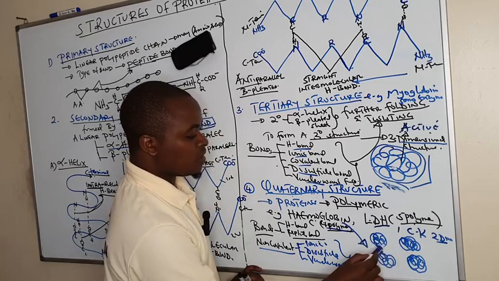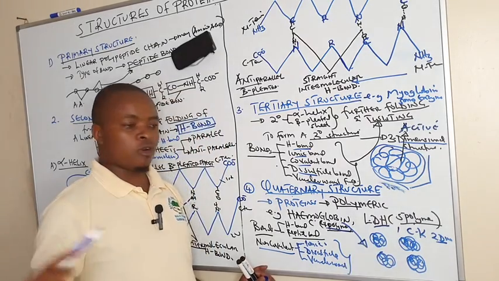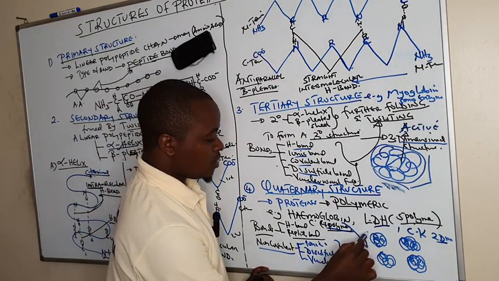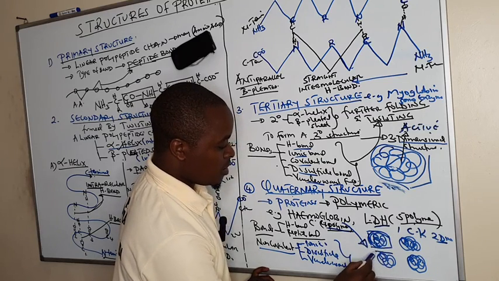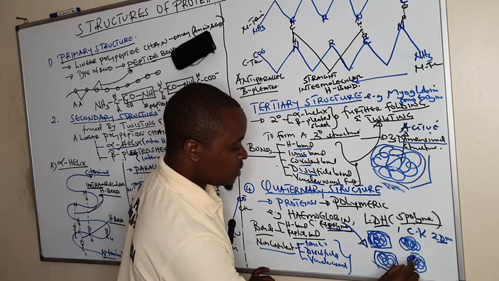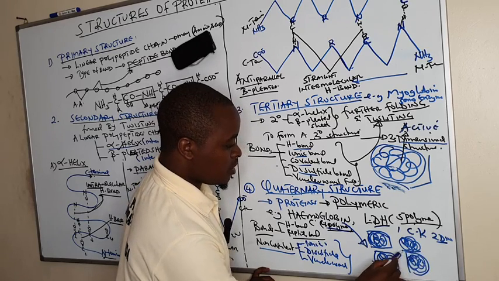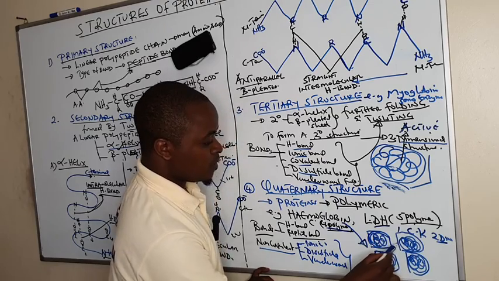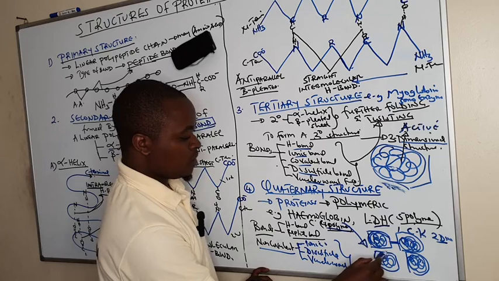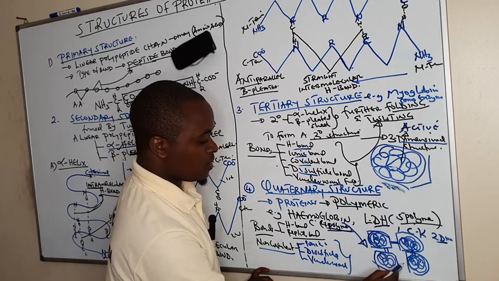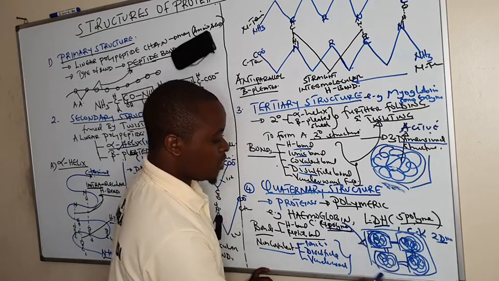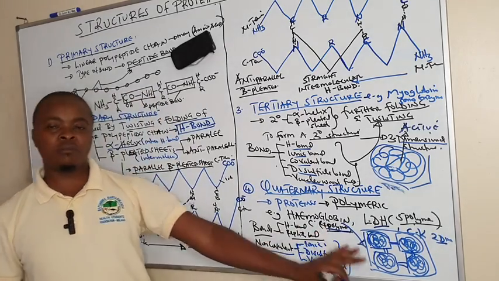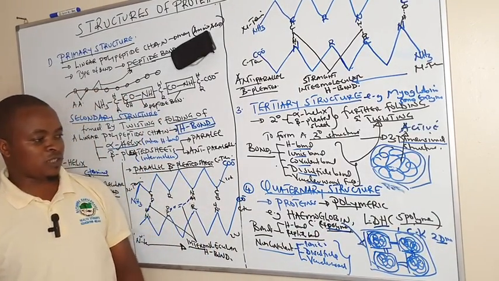So it has 4 tertiary structures which are monomeric, each a different polymer. They are joined together by these bondings, whereby this bonds with this, bonds with this, bonds with this, to form a single structure under quaternary structure. And that is how hemoglobin appears under quaternary structure.